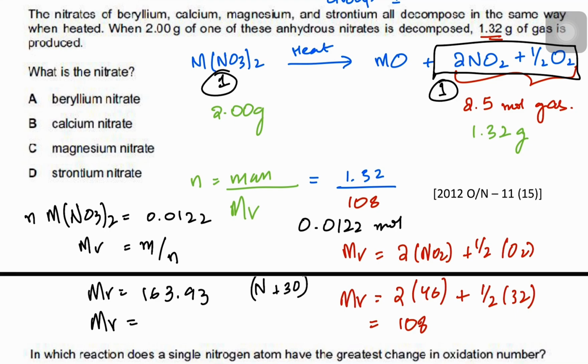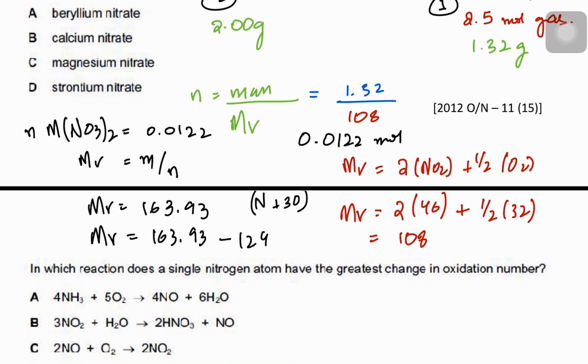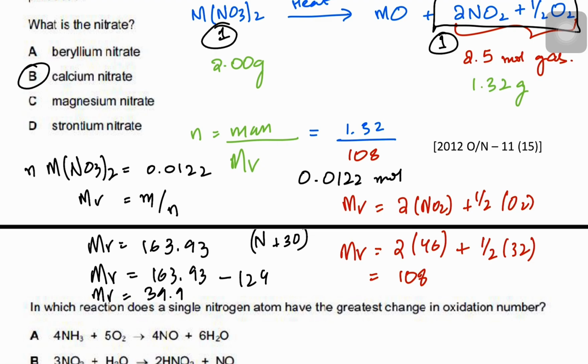So that is a mass of 14 plus 48 times 2, because there are 2 nitrates. So 163.93 minus 124. That gives 39.9. So MR is equal to 39.9, which is 40. So it's obviously calcium nitrate.